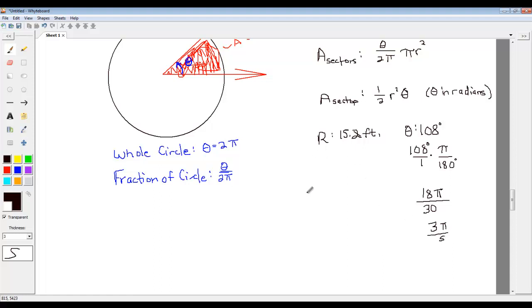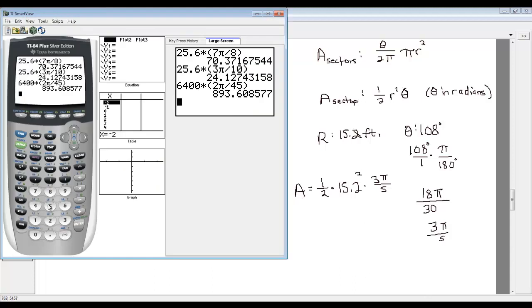Okay. So to do the area, we can do 1/2 times 15.2 feet squared times 3 pi over 5. See what that gets us. 15.2, that's 3 significant digits. We're going to keep that in mind.